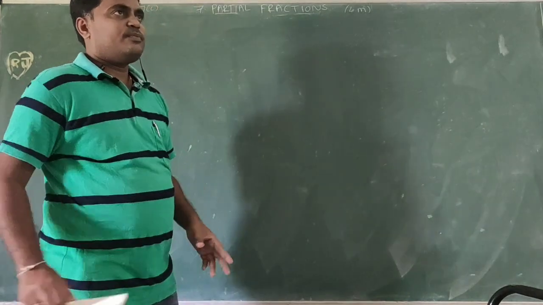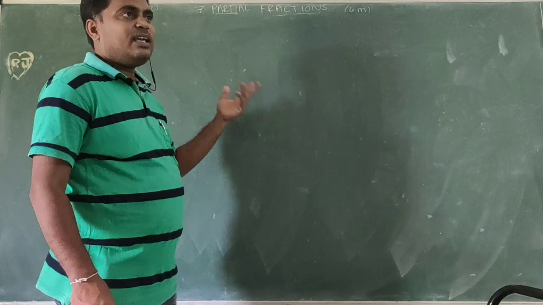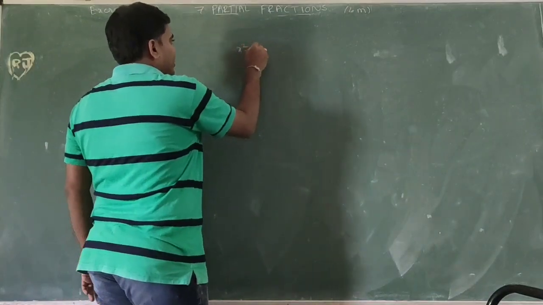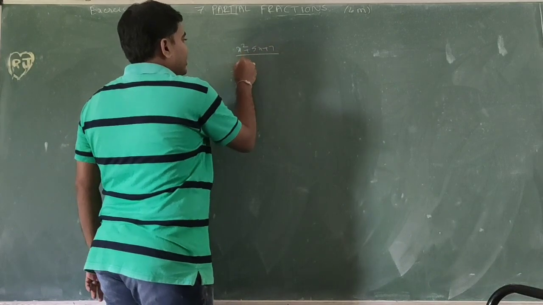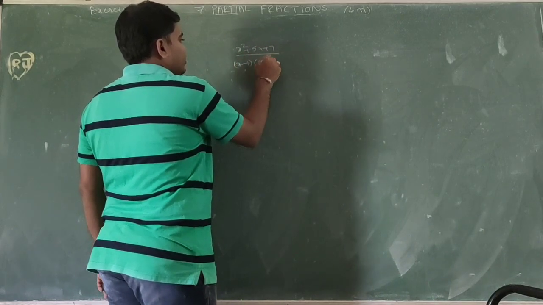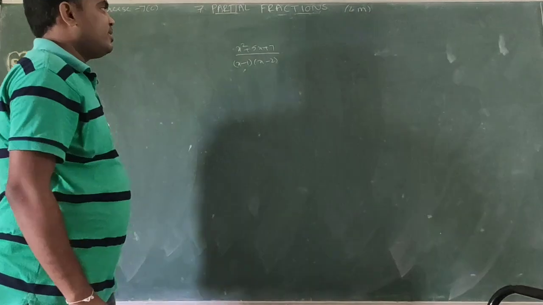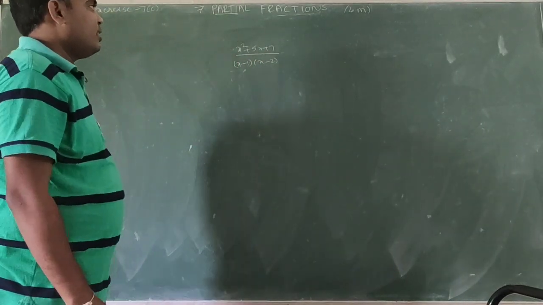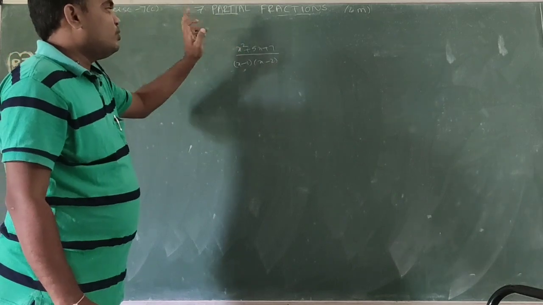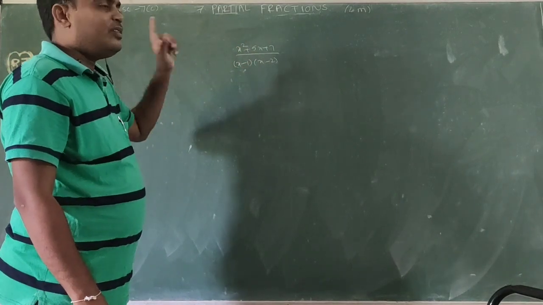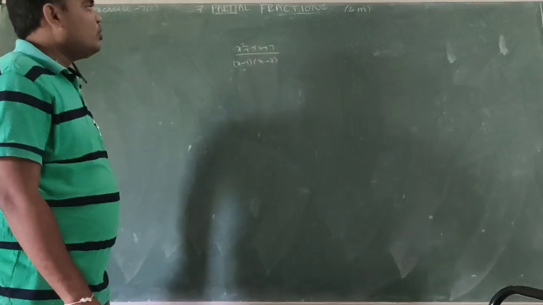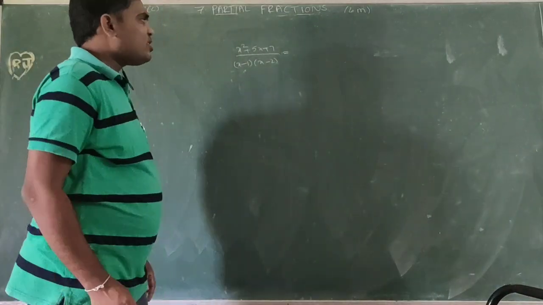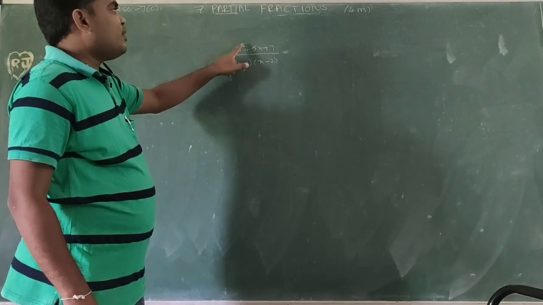First, the degrees are equal. For example, x square plus 5x plus 7 by x minus 1 into x minus 2. The degree of the numerator is 2, and the degree of the denominator, x into x square, is also 2. For these kinds of problems, first take the highest power, x square.